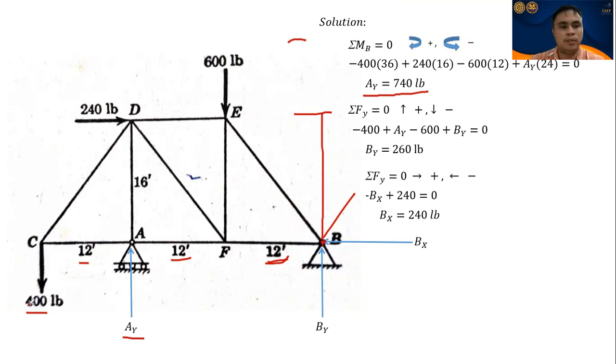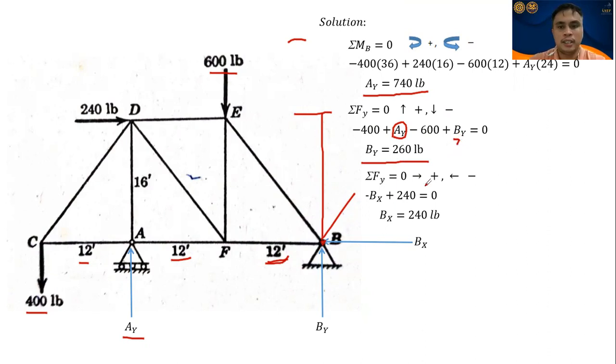So, going down is 400 pounds, class, so negative. Then, going up is A sub Y. Then, going down is 600 pounds, class, then B sub Y is going up, equals 0. So, we have the value of A sub Y, which is 740 pounds. We also get the value of B sub Y, which is 260 pounds.